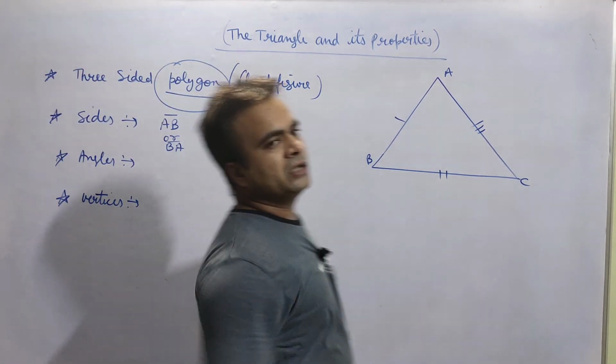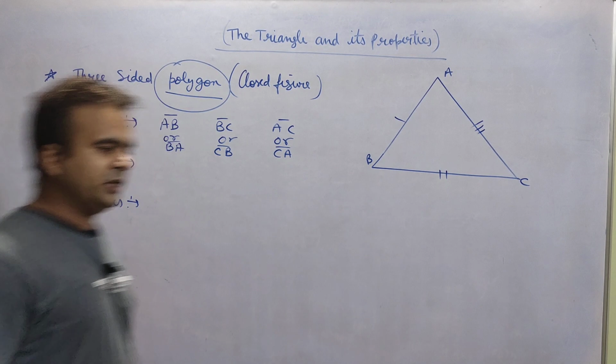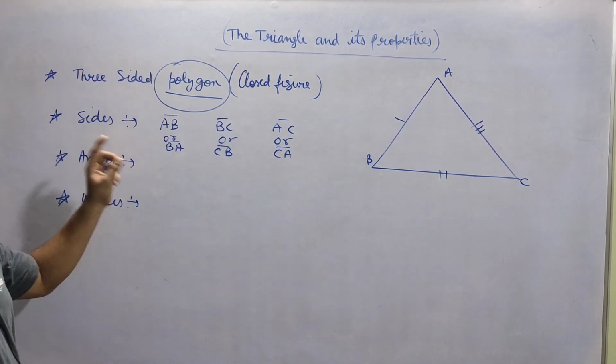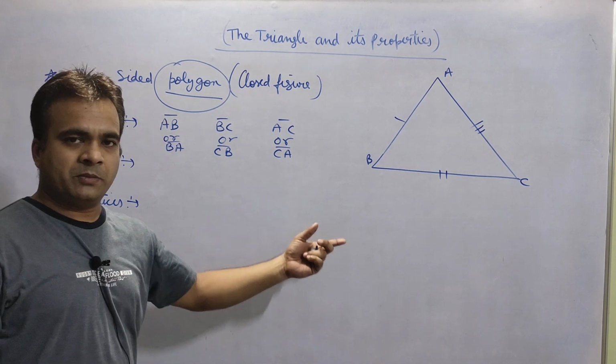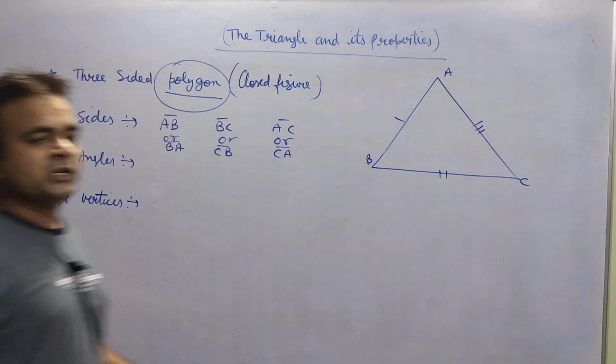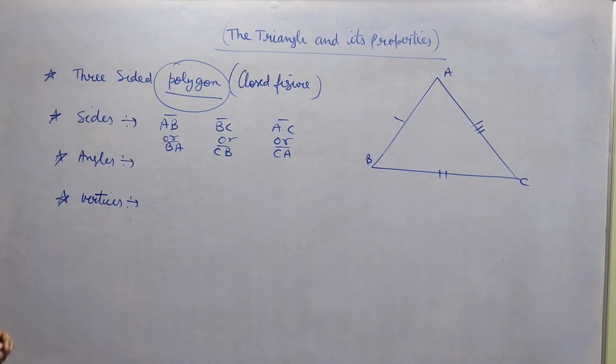Line has never-ending points on both sides, but in the triangle we generally say that the word line means line segment. You should understand here, if I am using the word line BC, my meaning is it is related to line segment only. Okay, now this is the presentation of the sides.